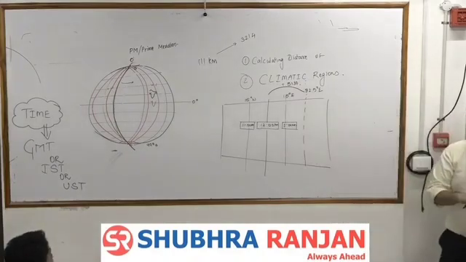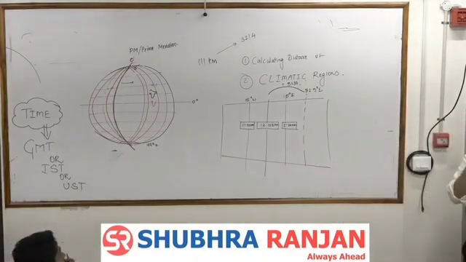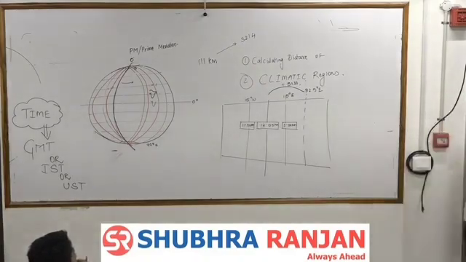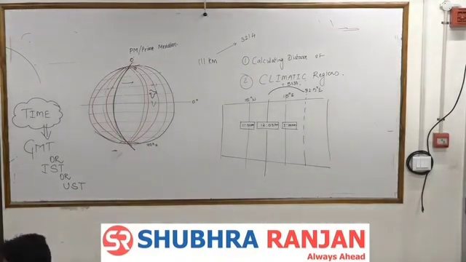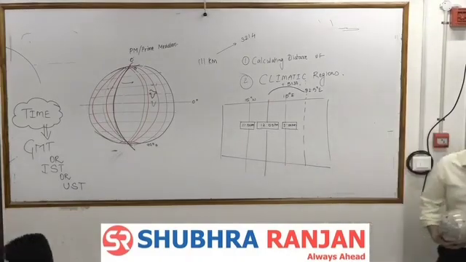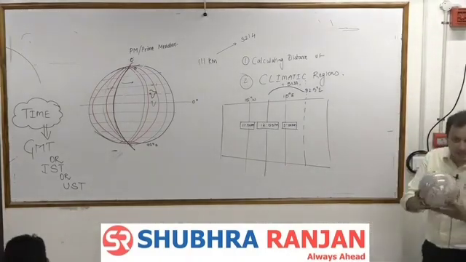Are you understanding this? Now you have to understand that Greenwich Mean Time is a political entity. It is not like the equator. I'll just get the globe. Why am I saying it is a political entity?